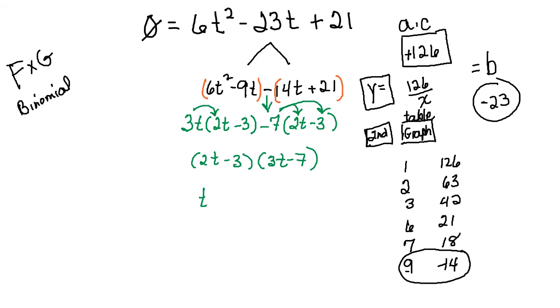So t here is going to equal opposite sign, so plus 3 over the first number, 2, and opposite sign, so positive 7 over the first number.